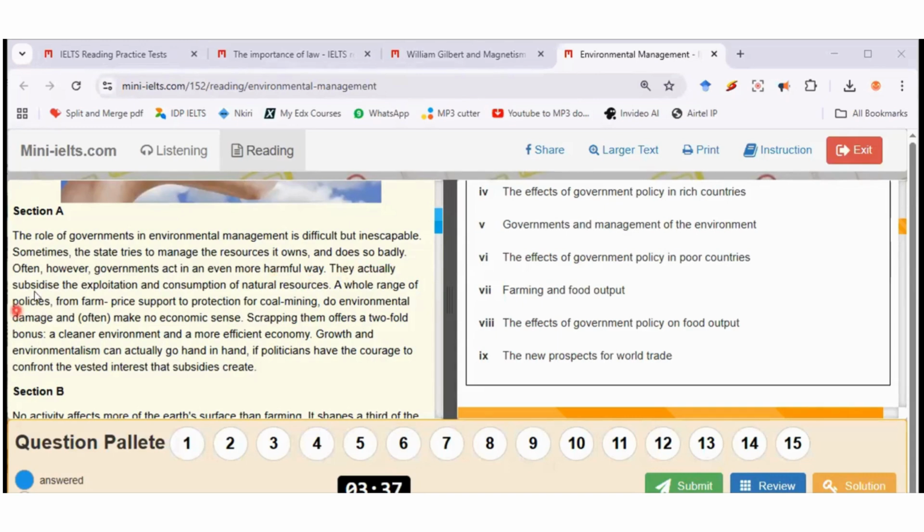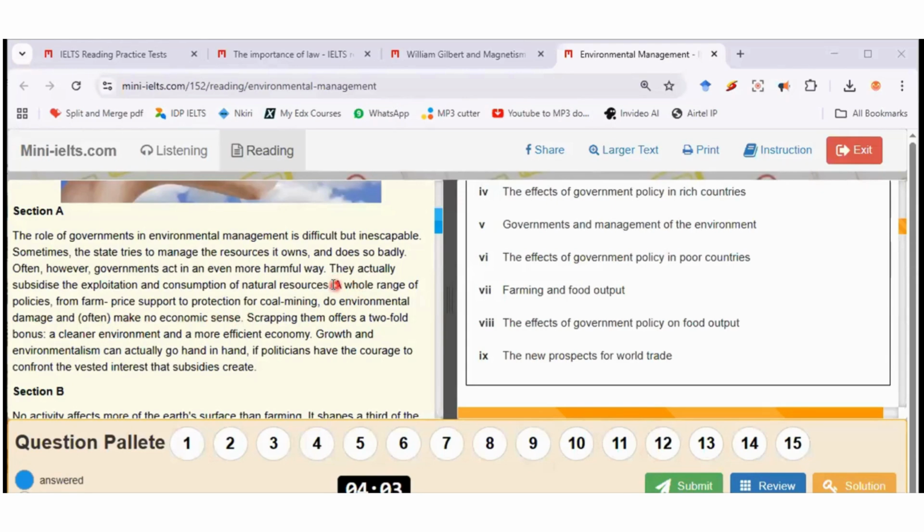They actually subsidize the exploitation and consumption of natural resources. A whole range of policies do environmental damage and often make no economic sense.